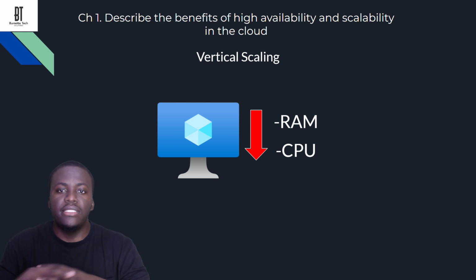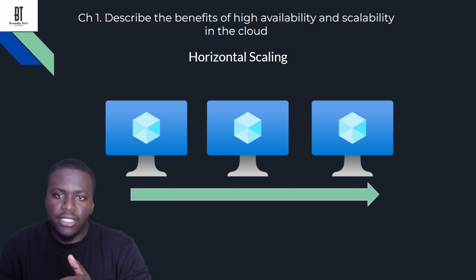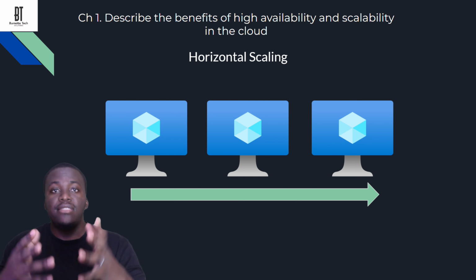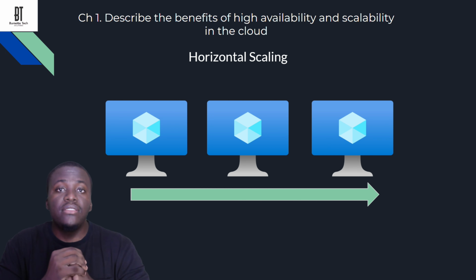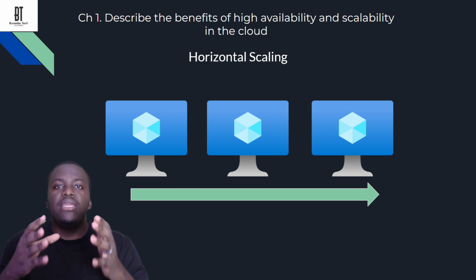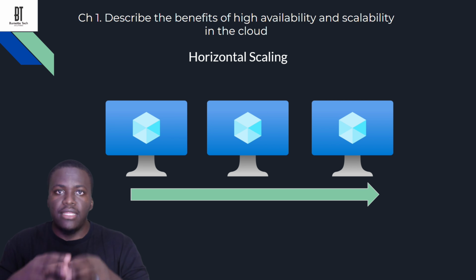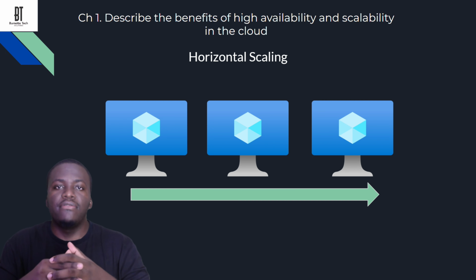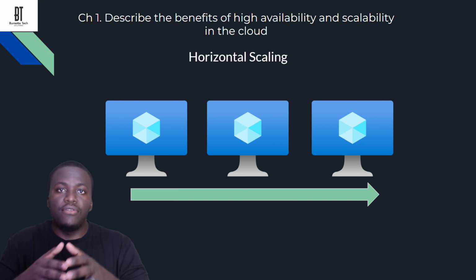That's vertical scaling. Horizontal scaling, on the other hand, let's say you have a sudden jump of demand or sudden jump of traffic. Your resource that you deployed might not be able to handle the influx of traffic that you have. So what you need to do is increase the number of resources.